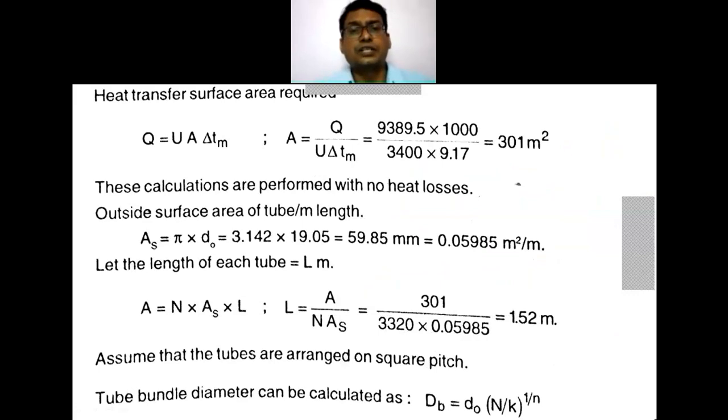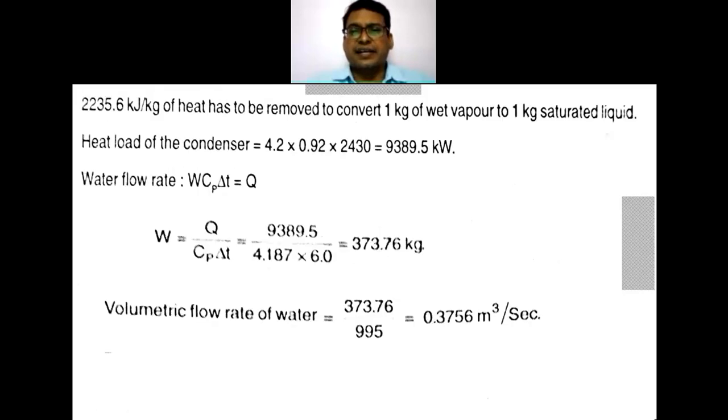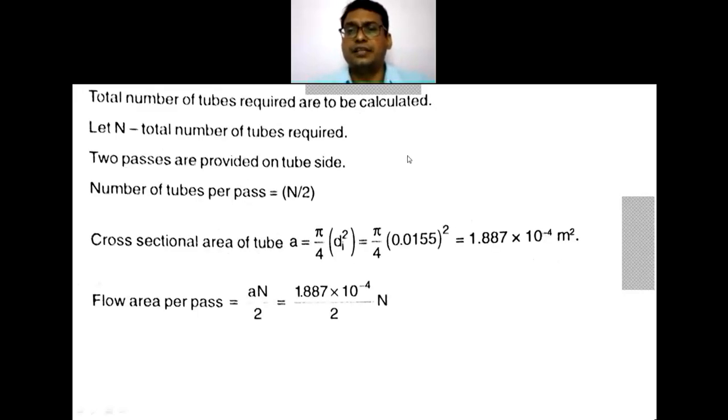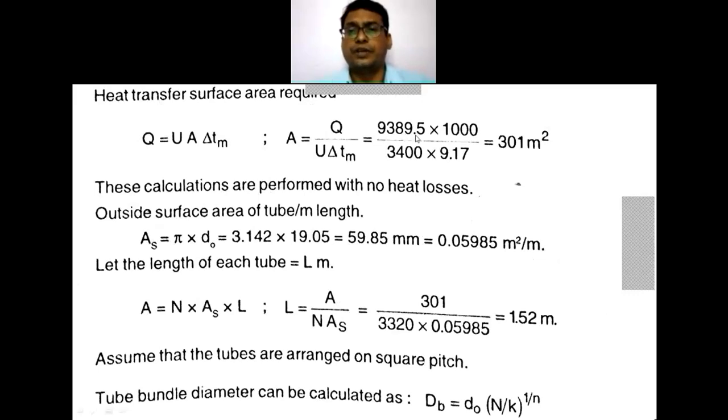Then the heat transfer surface area required, from Q equal to U A delta Tm, where Q we have already calculated as 9389.